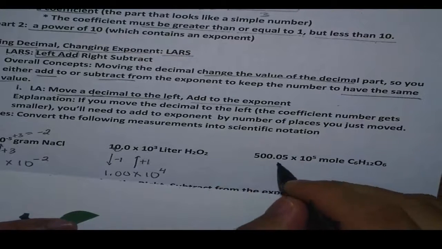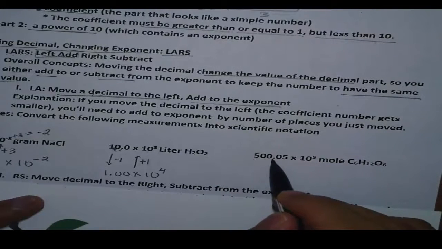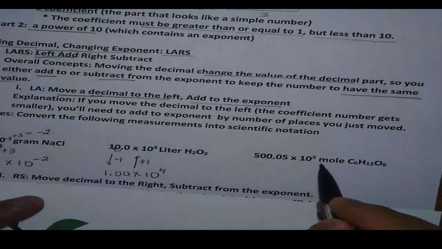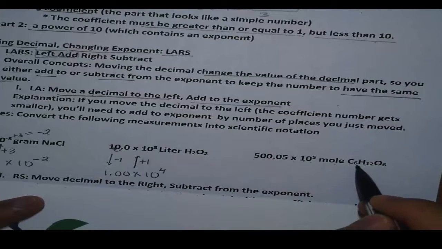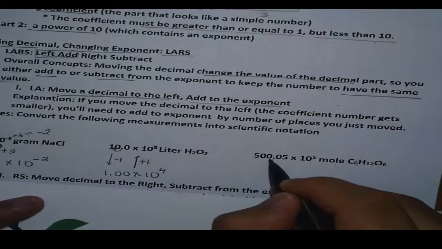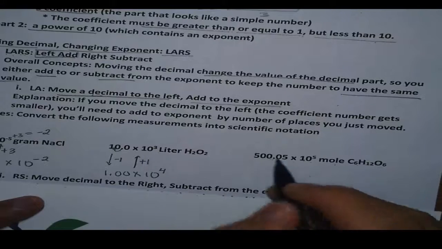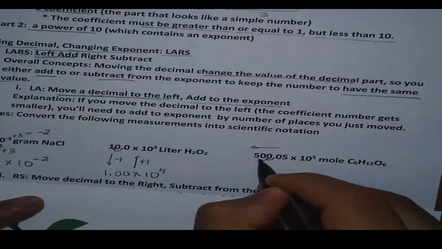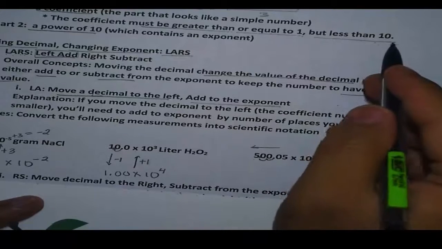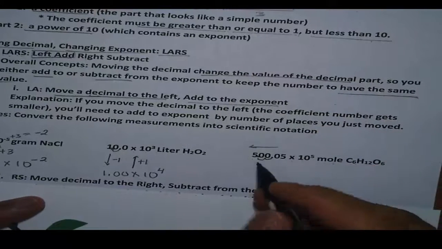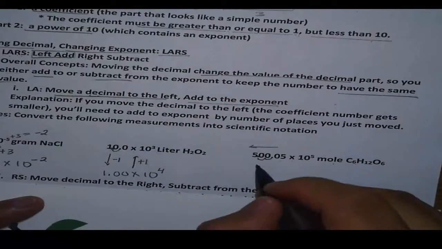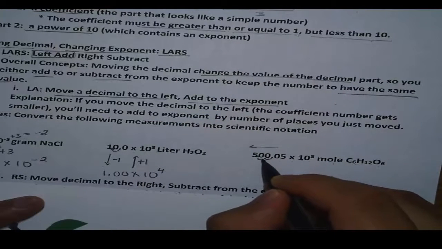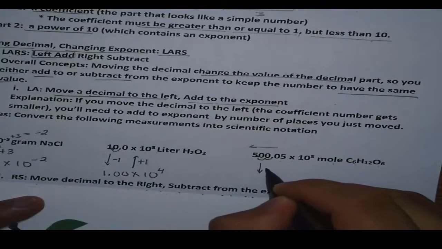Let's try another one. I have 500.05 times 10 to the 5th moles of glucose. Because 500 is greater than 10, I have to move the decimal to the left. So that way, 1, 2, there you go. I have 5 now. So 5 is less than 10, but it's greater than 1. That would be good, but I made the value of the coefficient less by 2 decimal places, so minus 2.